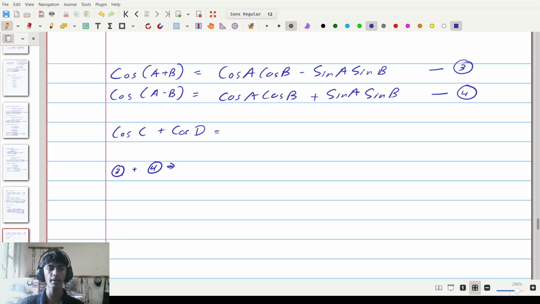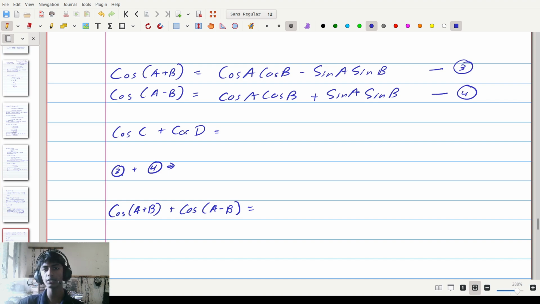On the left side, we have cosine of A plus B and a cosine of A minus B. So adding the two together, we have cosine of A plus B plus the cosine of A minus B is equal to something. So what's it equal to? Well, considering the right hand side, we have cosine of A times cosine of B minus sine A sine B, and another plus cosine of A cosine of B plus sine of A sine of B.